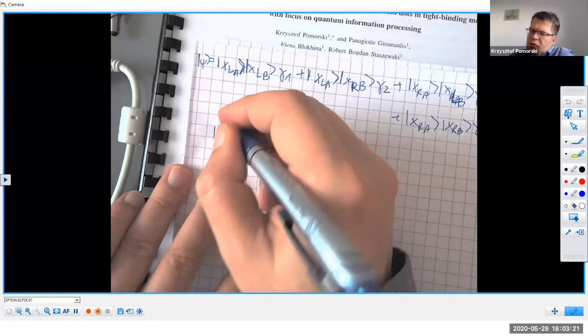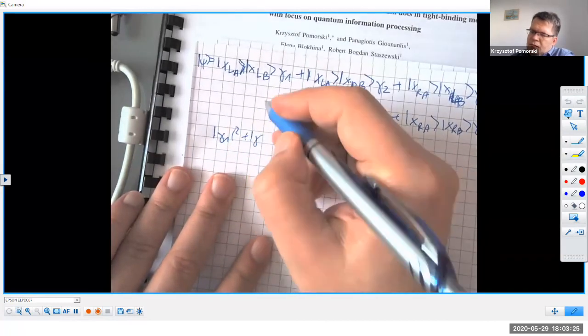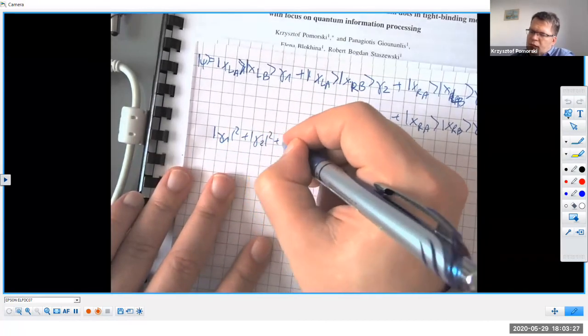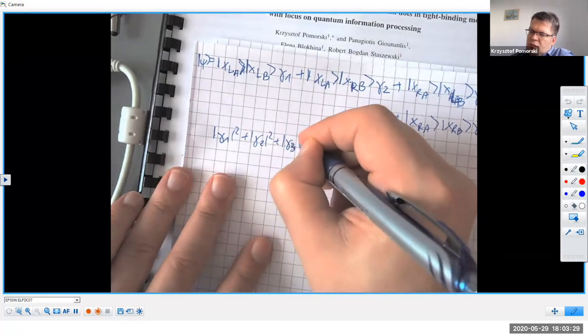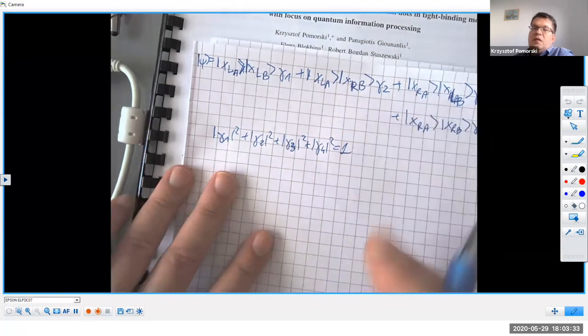There are only 4 possibilities, and the sum of probability over all 4 possibilities is set to 1 in a system that is non-dissipative.